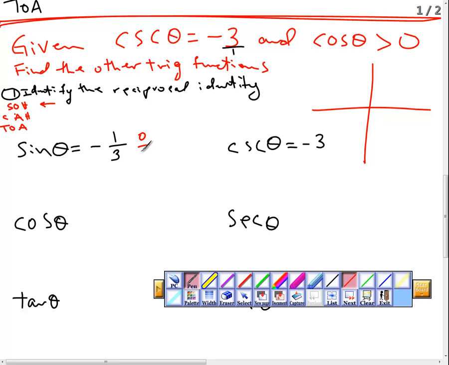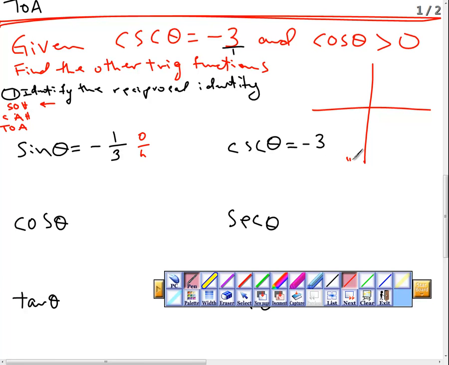Opposite over hypotenuse. Okay, so if cosecant is negative, so is sine, right? So we're looking at sine being negative, which puts that in what two quadrants? Sine is like y, right?